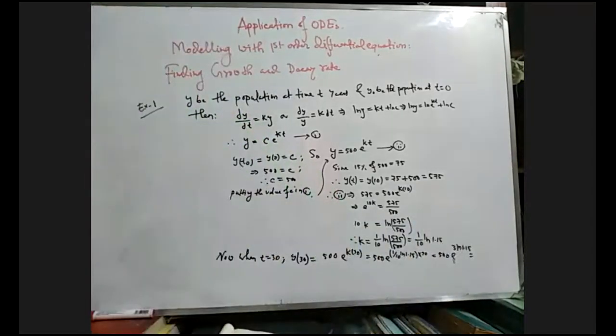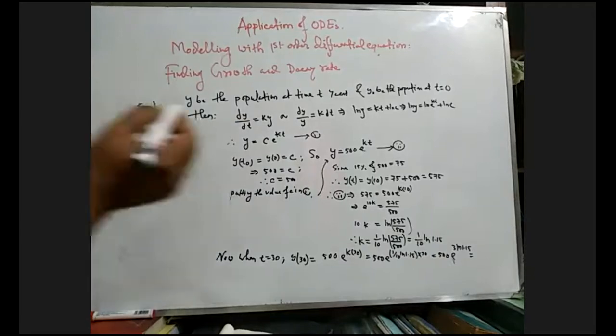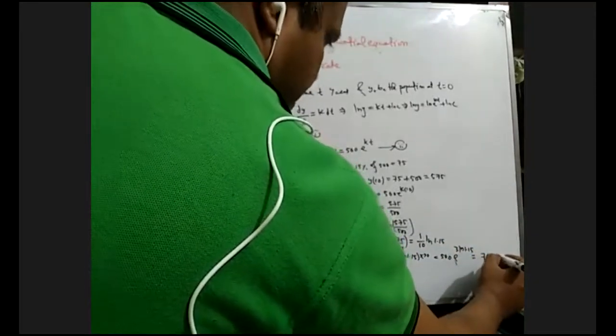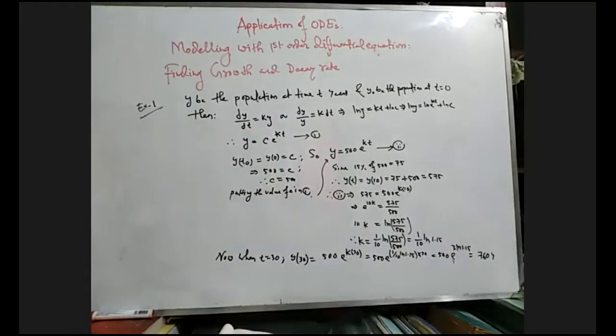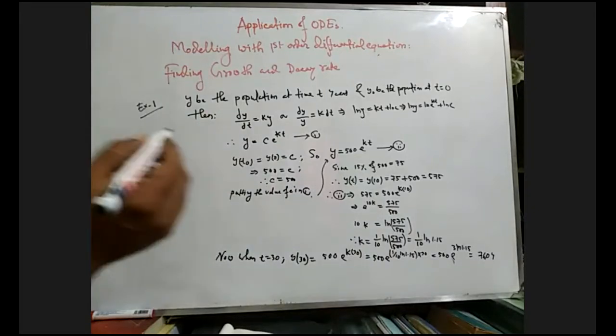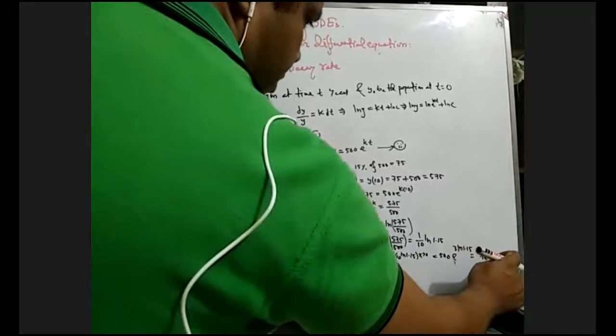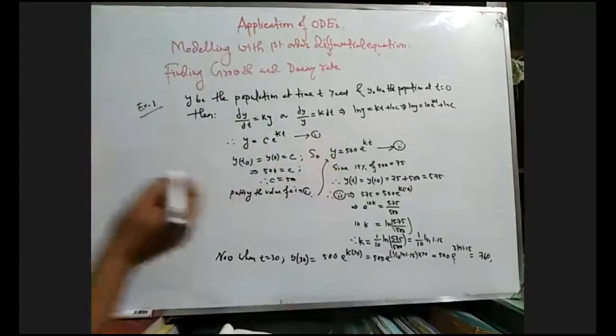Using a scientific calculator, we get 760 population.